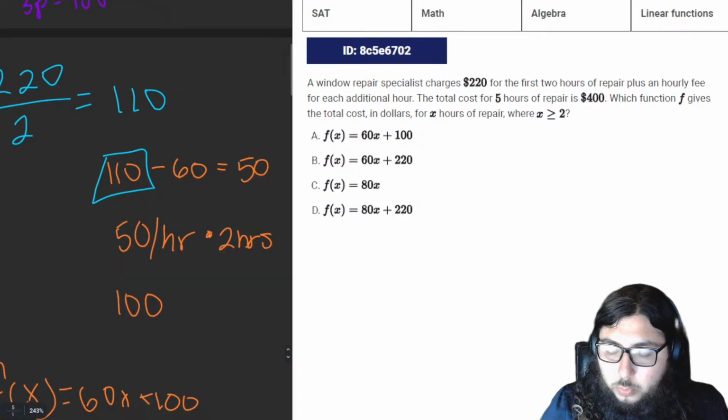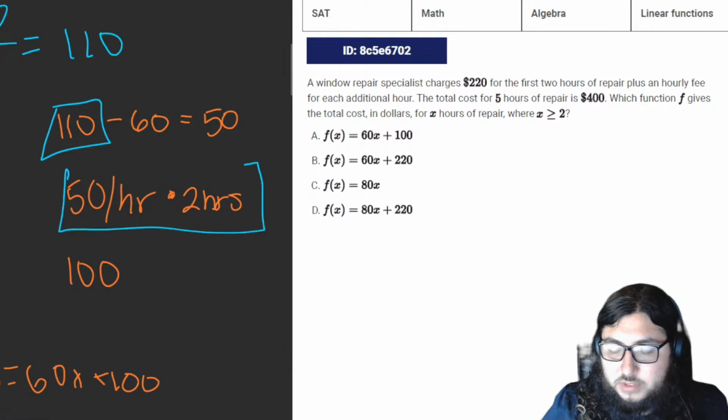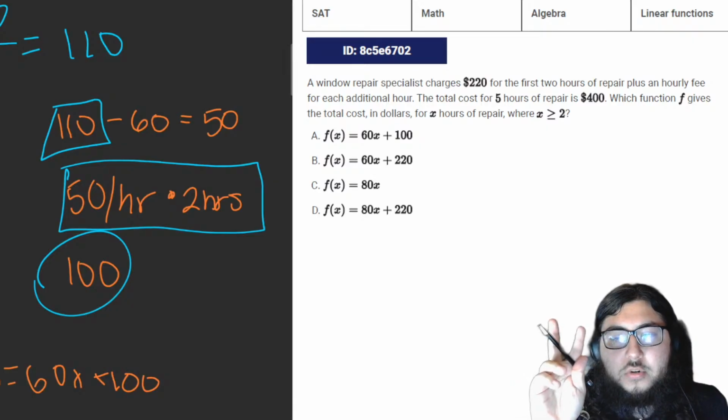Then we have to account for what the difference is for the initial cost for those first 2 hours. So 50 times 2 gives us 100. So that is what you could call our initial cost.